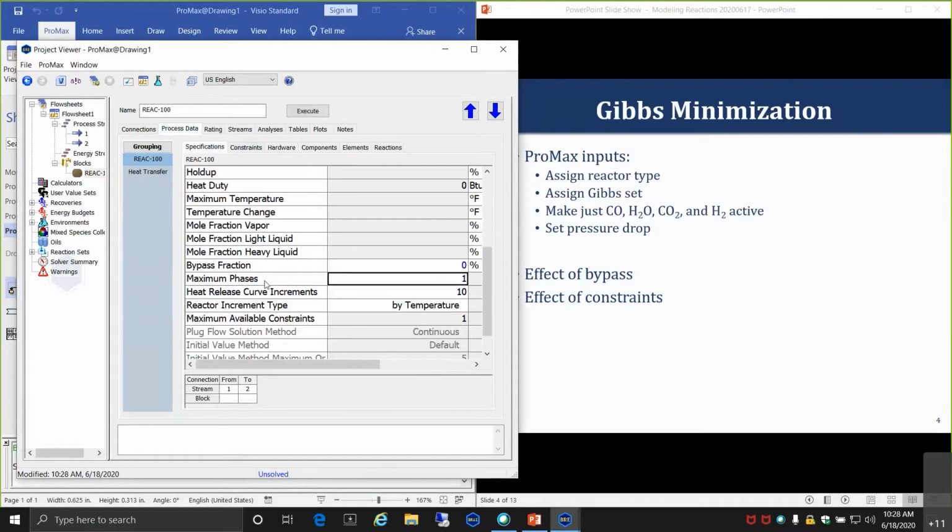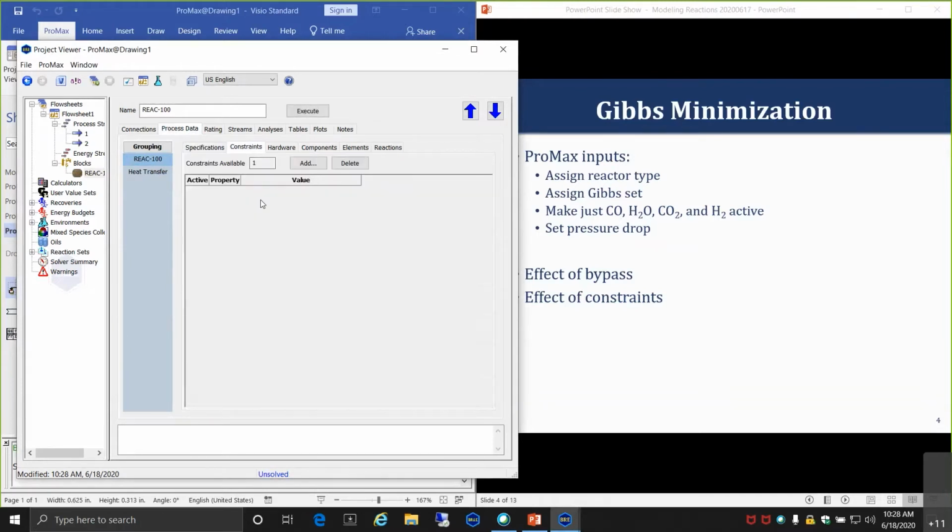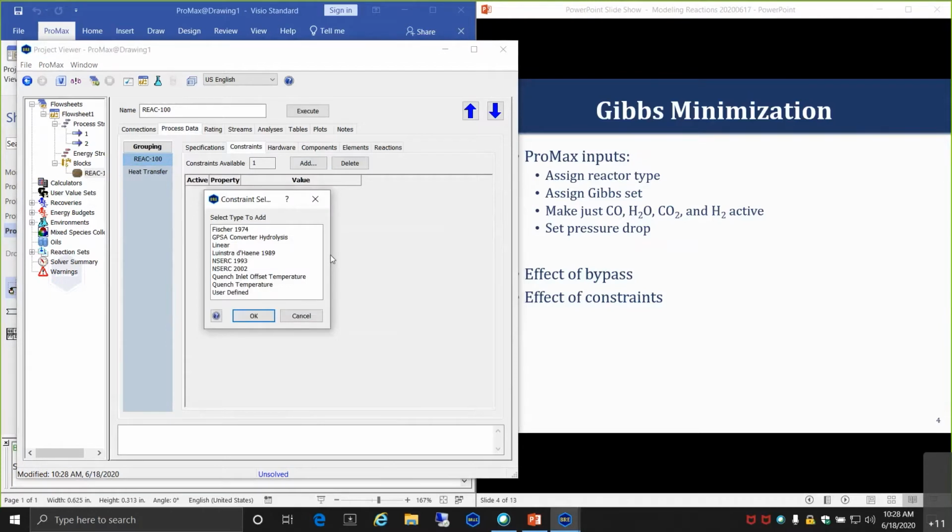Another way is through the use of constraints. There are a number of different constraints. Many of these constraints are directly related to sulfur recovery. The Fisher, the NSERC, and the Lewinska-Dehern are all related directly with sulfur recovery.